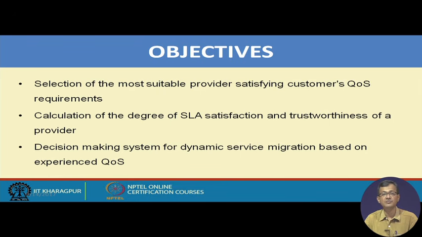A decision making system for dynamic service migration based on the experienced QoS is another aspect, right. If I do not get the appropriate service from the provider, from the customer's point of view, or from the aspect of a middleware, whether I can migrate the service from one provider to another provider.